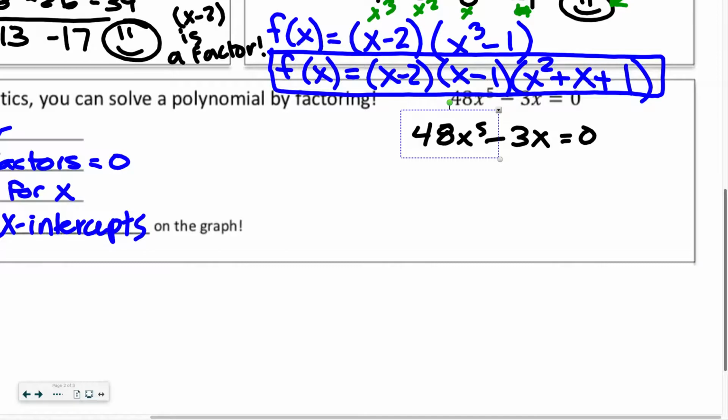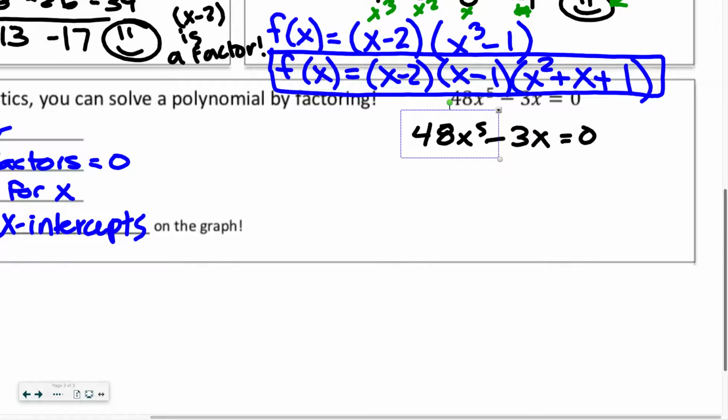Okay. So you're going to solve this polynomial by factoring. It's a quintic polynomial, because it has degree 5. So what are you going to do first to factor? What do you notice? Take out a 3, take out an x. They have a greatest common factor.